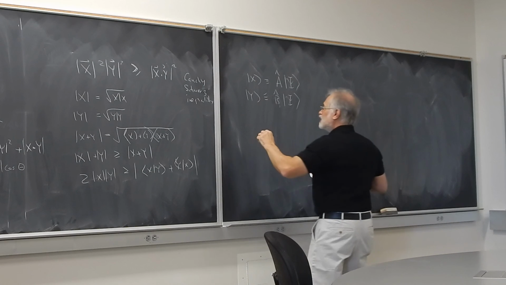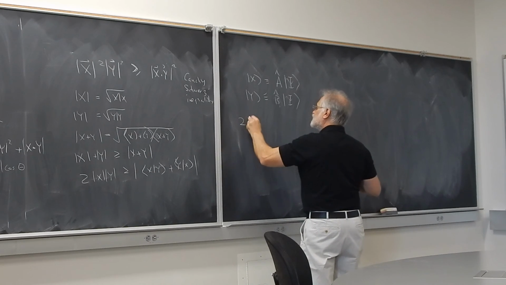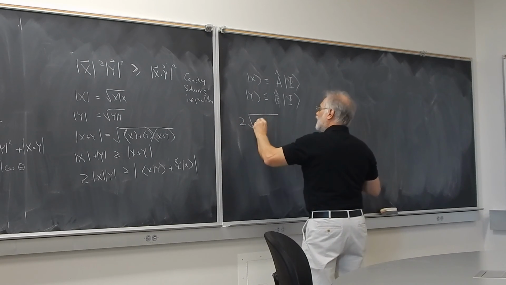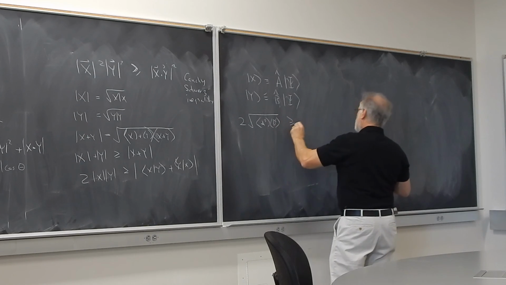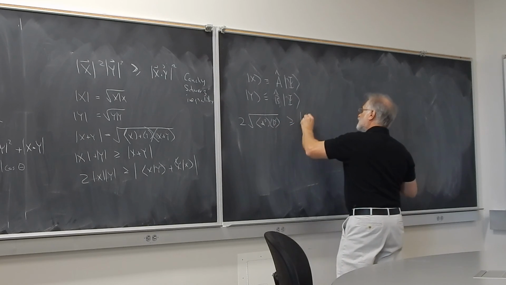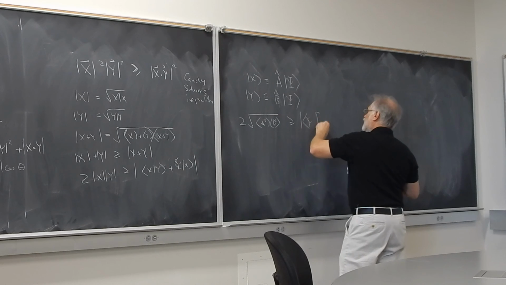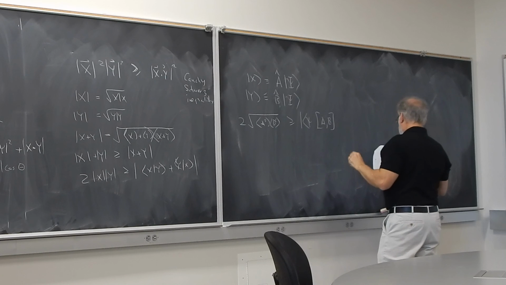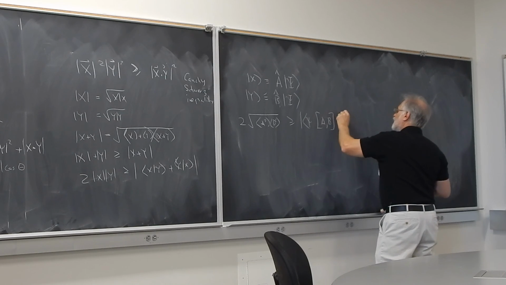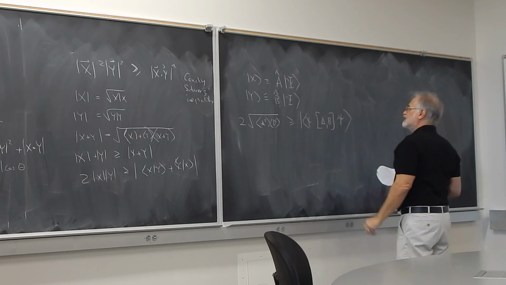And using the previous inequality, this says 2 times the square root of A squared, B squared, is greater than or equal to psi commutator A and B times psi.